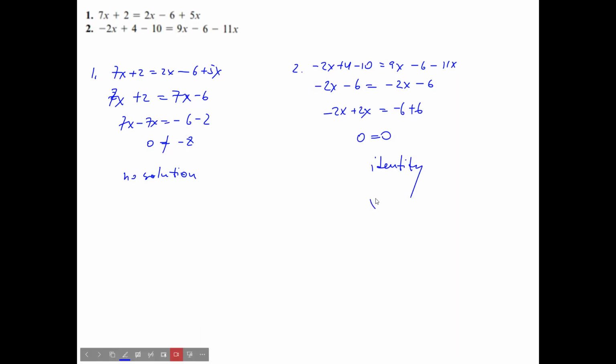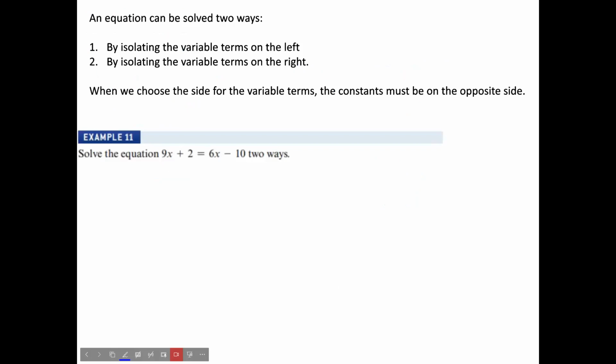In math, we say this: x belongs to the set of all real values. But that's a little out of scope of this course. Okay, an equation can be solved two ways.